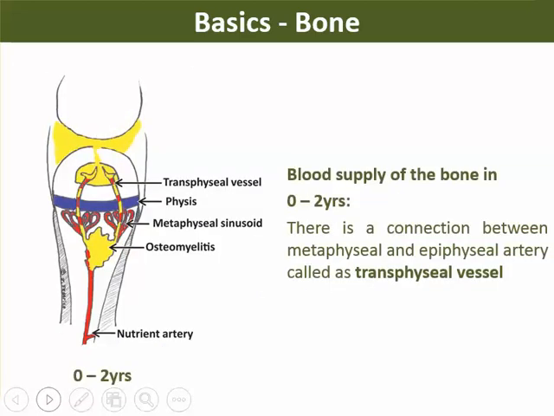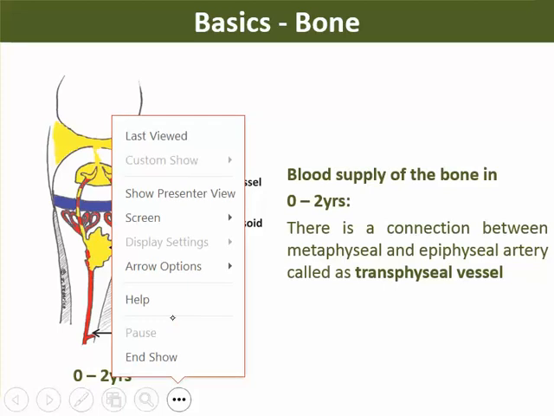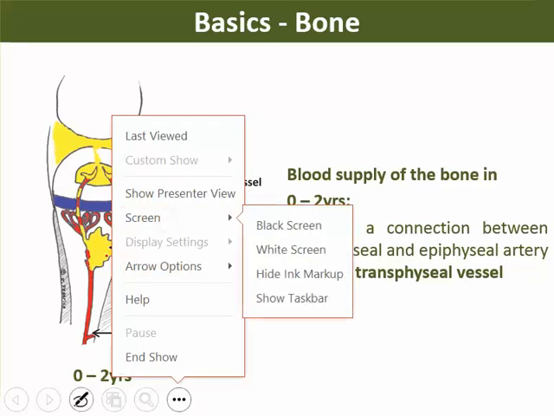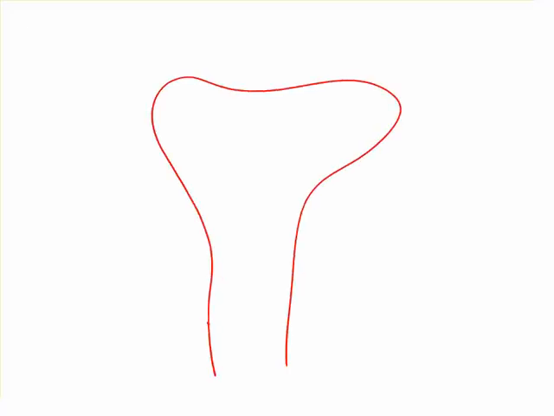Now, the blood supply of the bone is different when the baby is 0 to 2 years. What is the difference? Let me draw it on the whiteboard. For example, this is one end of the long bone.